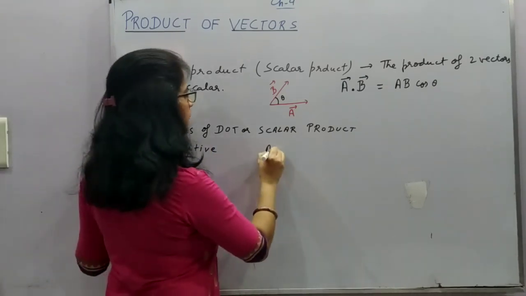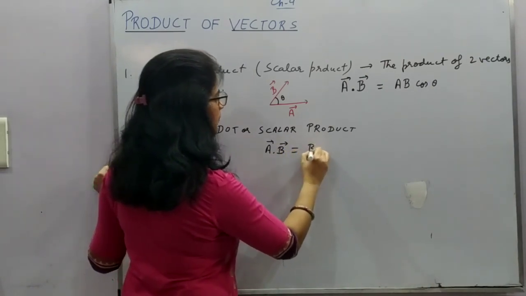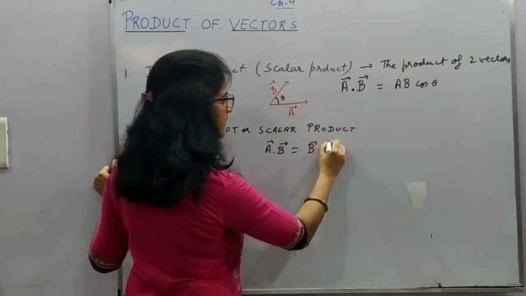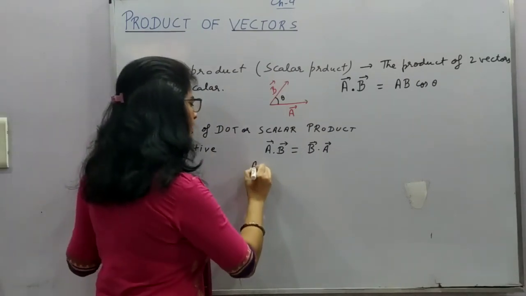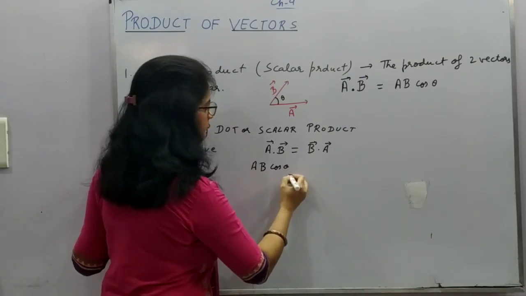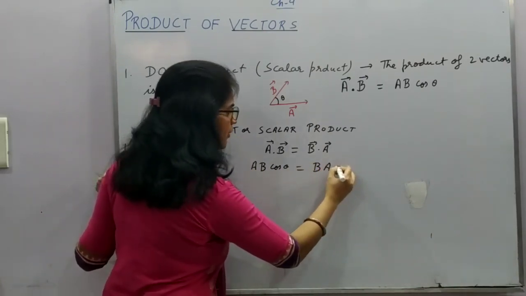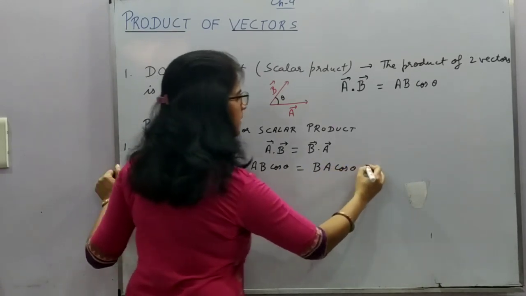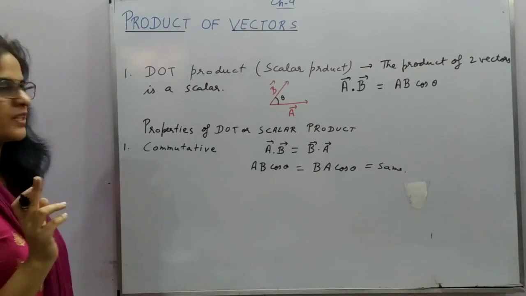That A dot B vector is equal to B dot A vector. We know that no direction is involved. So we can say the magnitude of A into B into cos theta or magnitude of B into magnitude of A into cos theta, one and the same thing. So that's why this is commutative.